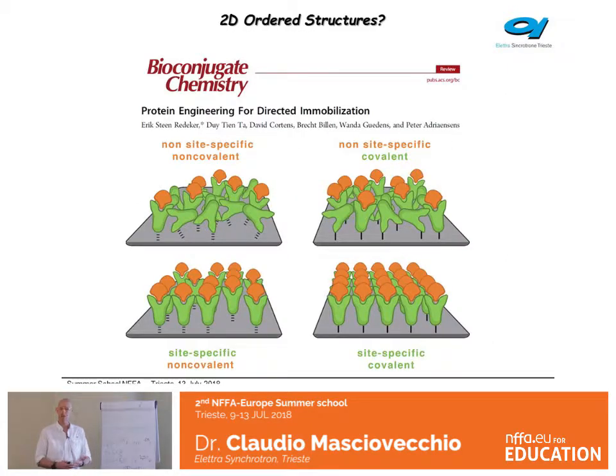Basically, the idea is the following. Imagine that I have a protein, and I can link the protein on a self-assembled monolayer, all the proteins on the same site, in a way such that you have a site-specific equivalent bond on a surface.